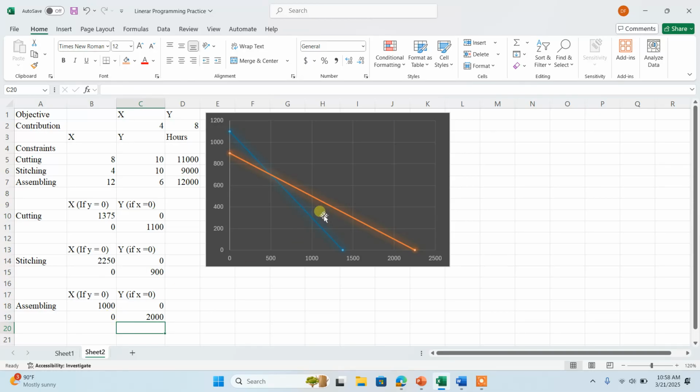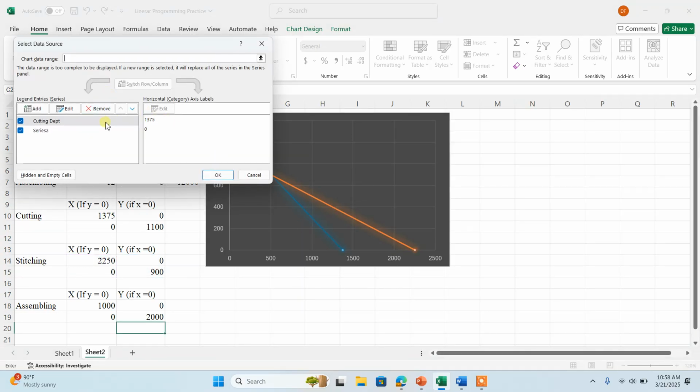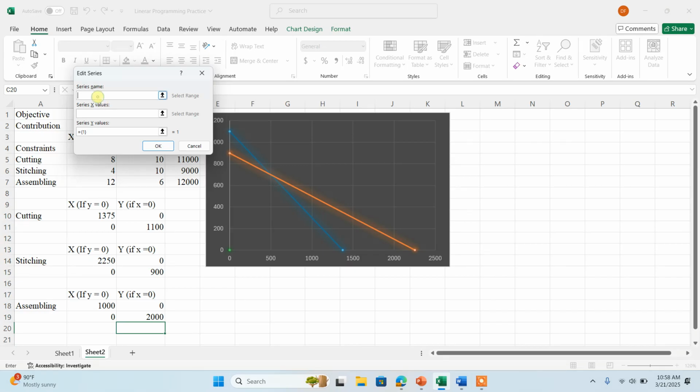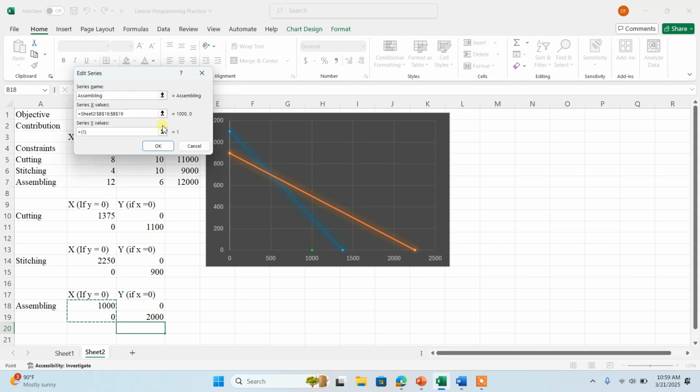Now let me draw these constraints also on the same graph. This is the assembling department. Now my axes are x and y.